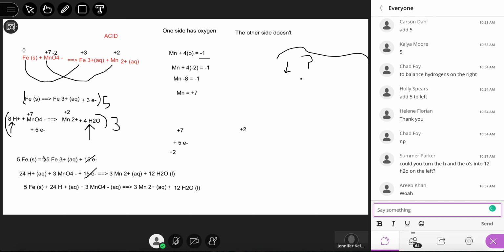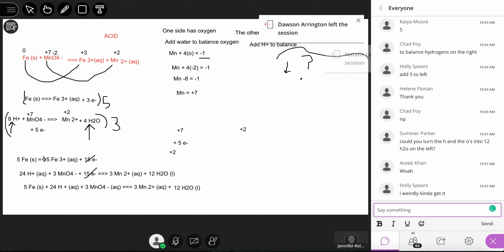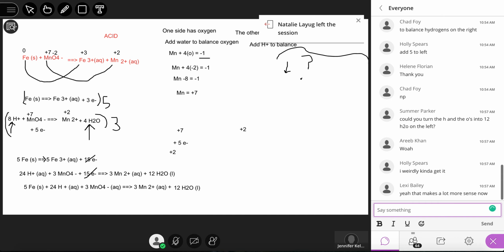Then you're going to add water. Then you're going to add hydrogen. So you balance it just like the simple ones. Only difference is that oxygen.